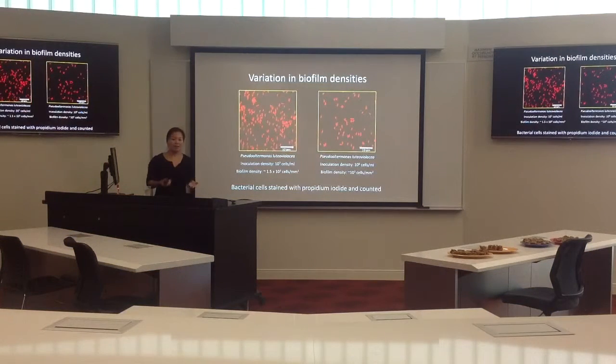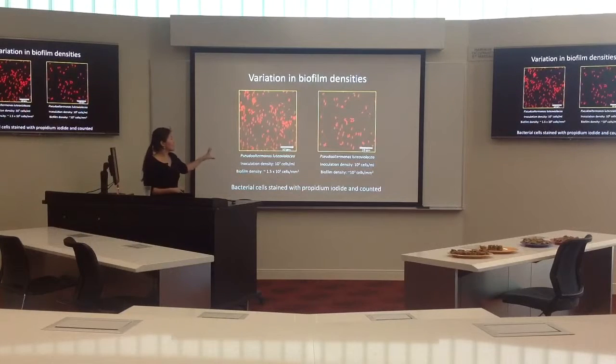However, there is a caveat in that in the previous experiment, I didn't take into consideration biofilm density. Shown here is an example of this particular species, Pseudoalteromonas luteoviolacea. It's the same species in both panels here, and these bacterial cells have been stained with propidium iodide and counted on a microscope.